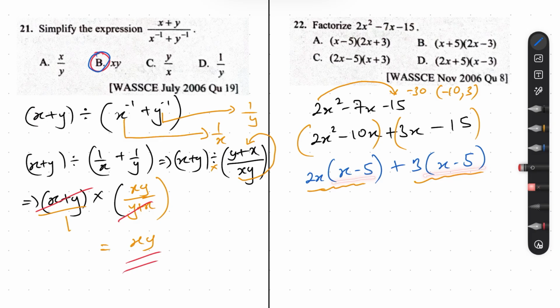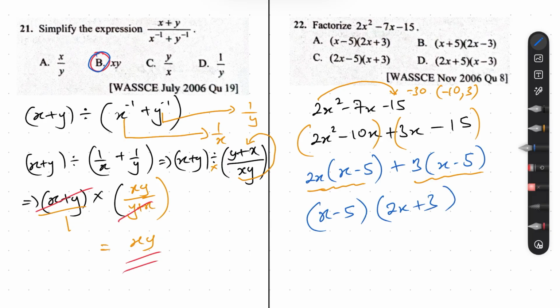So that means we can factor out x minus 5. We have x minus 5 in one bracket. Then if we factor x minus 5 out, what is left here? 2x. So we write it here, 2x. And on the other side, if we factor x minus 5 out, we are left with plus 3.